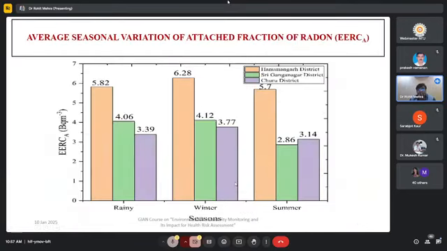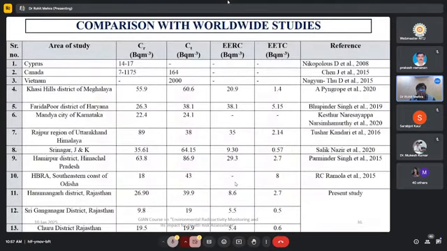Then these are the average seasonal attached and unattached fractions. Now this is a comparison of worldwide studies for different areas, even for different regions in India: Hamirpur, high background radiation areas in Odisha, and even Hanumangarh district, Shri Ganganagar district and Churu district, which we have calculated.